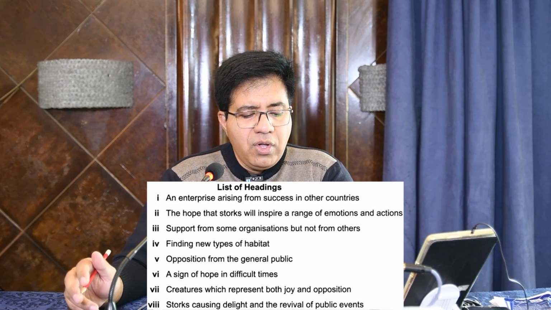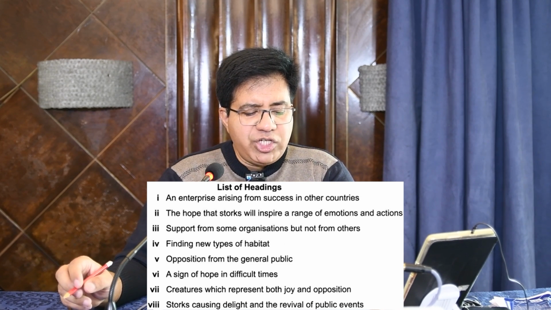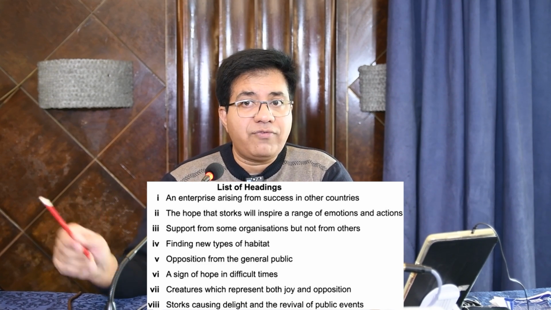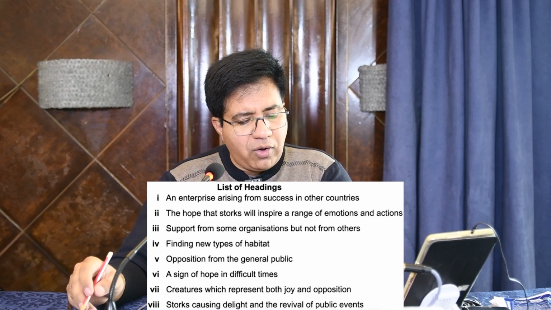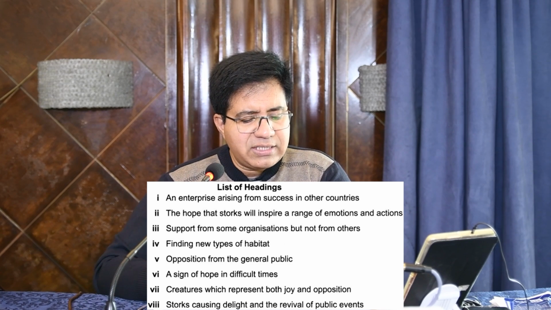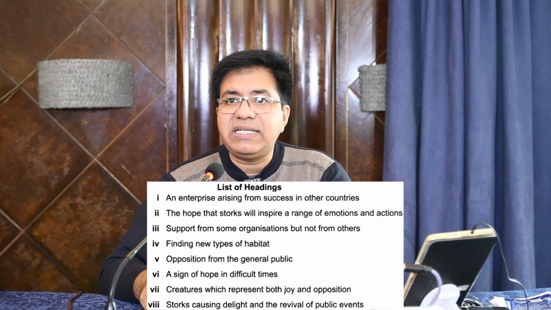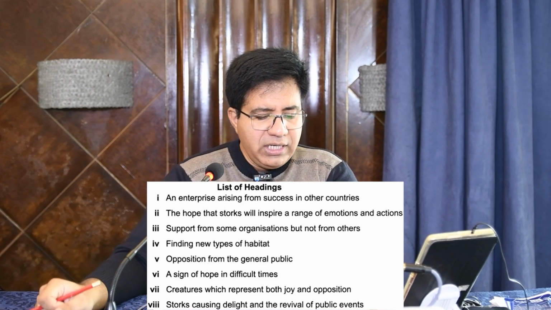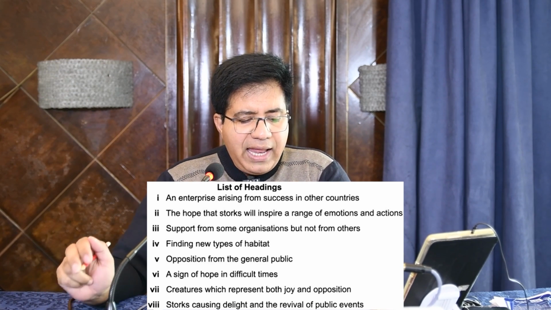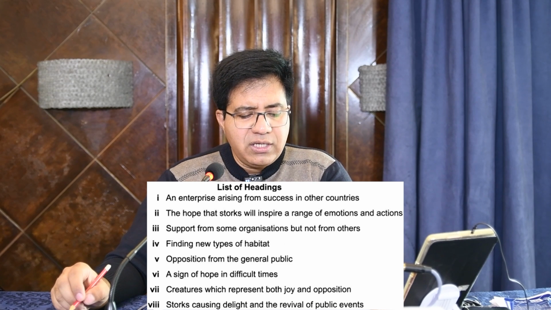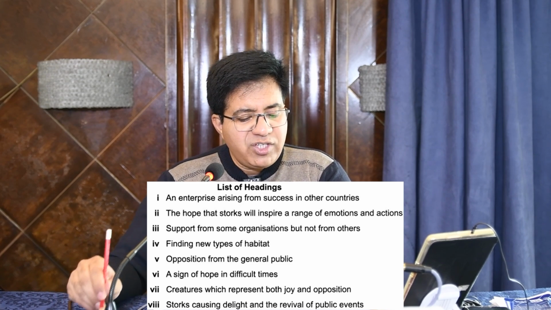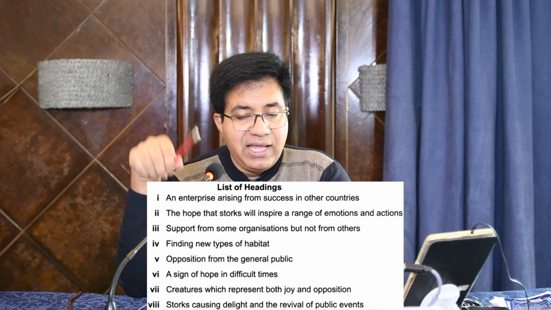Heading number 5, opposition from the general public. So in one paragraph they will talk about opposition from the general public against the storks. Heading number 6, a sign of hope in difficult times. In one paragraph they will say stork is a sign of hope in difficult times and all that. Heading number 7, creatures which represent both joy and opposition. Now they will talk about creatures which represent joy, meaning happiness, and opposition.